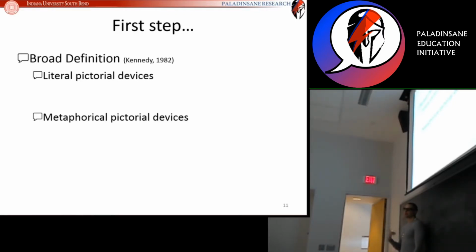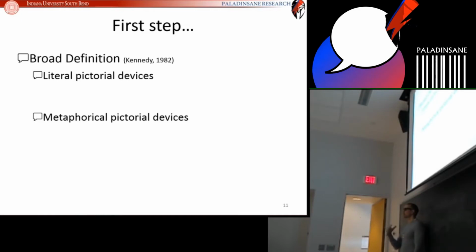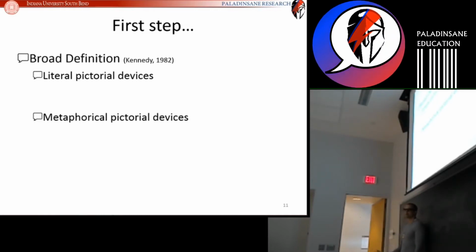If they ever have multiple definitions, you need to define it and make sure that everybody knows what your definition is. So I remember when I was presenting this research at a conference, right after my presentation, I had 4 or 5 people come up and say, oh, what you're calling metaphors, those aren't actually metaphors. And according to my definition, they are metaphors. But according to their definition, they weren't metaphors.